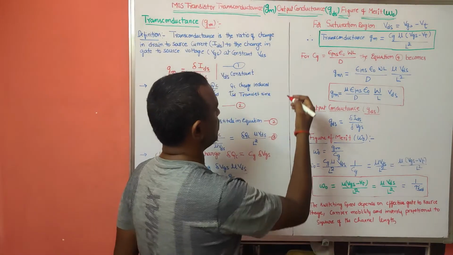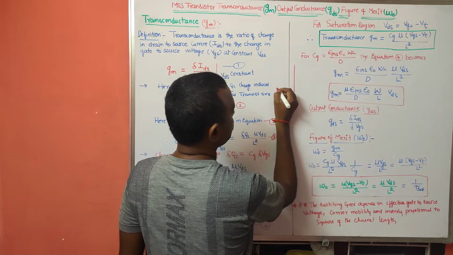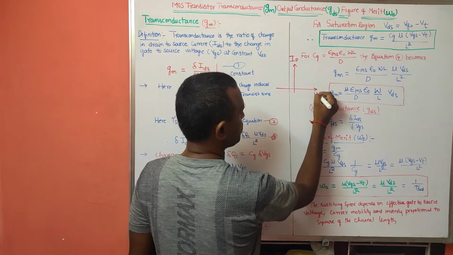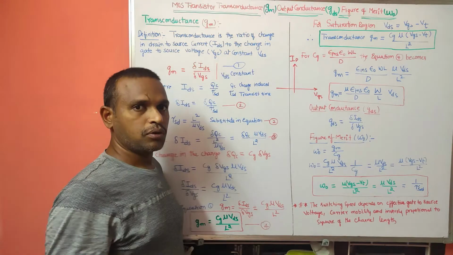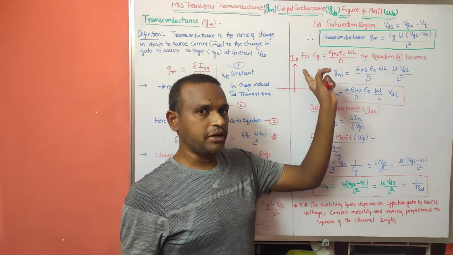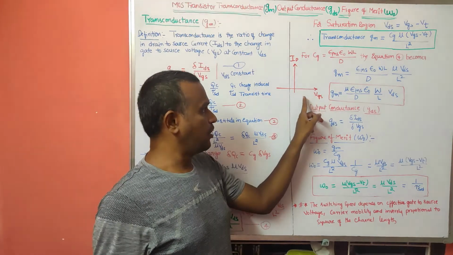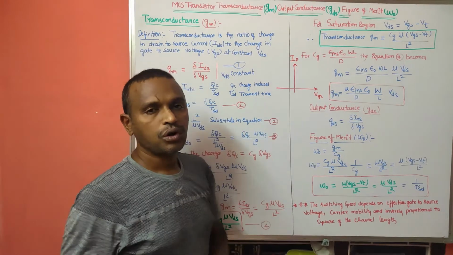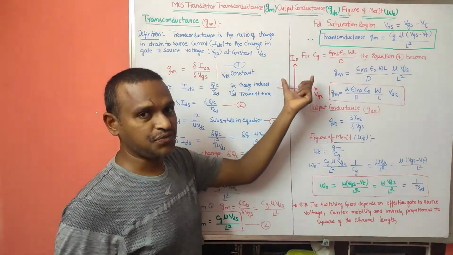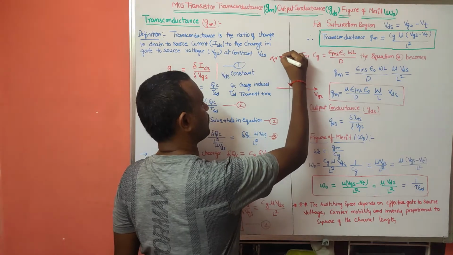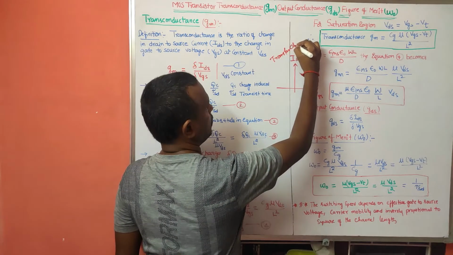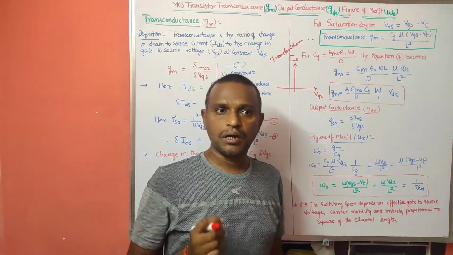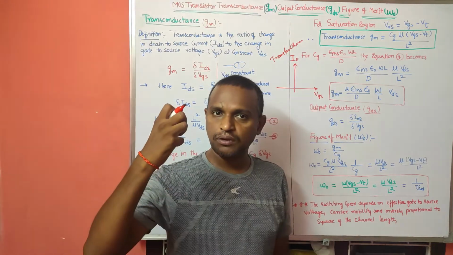Generally, the transfer characteristics are drawn between the drain current ID and VGS at a constant value of VDS. Resistance means voltage by current, but conductance means current by voltage.